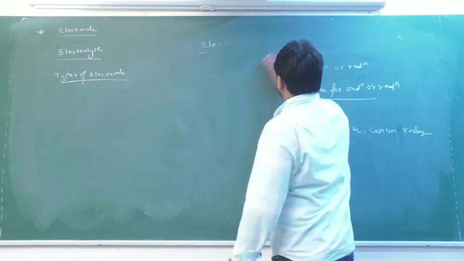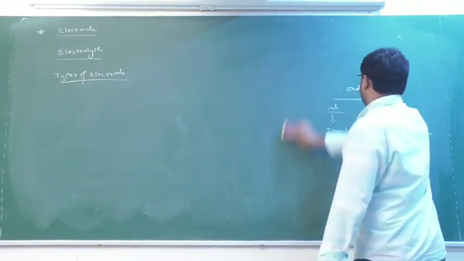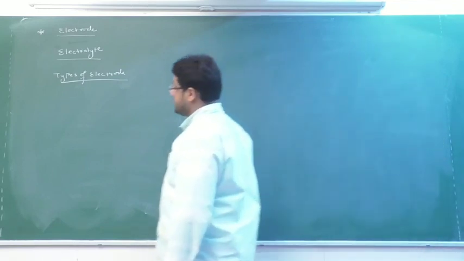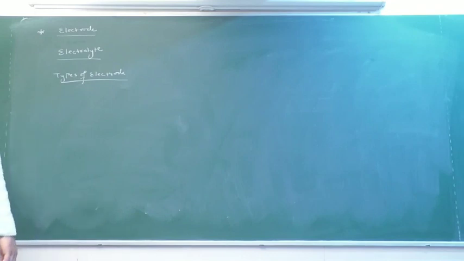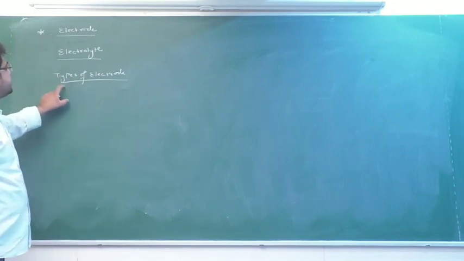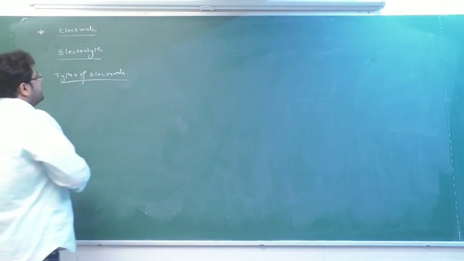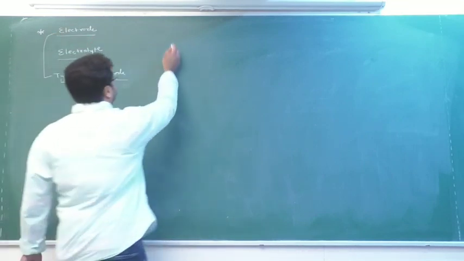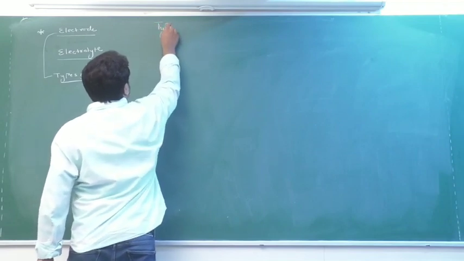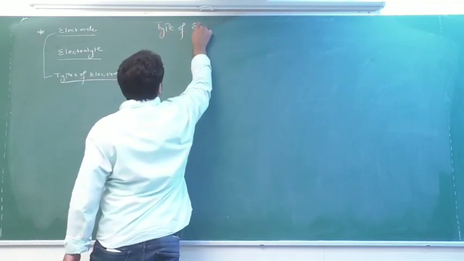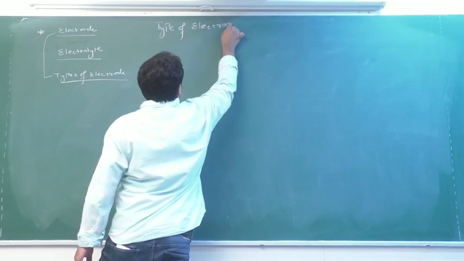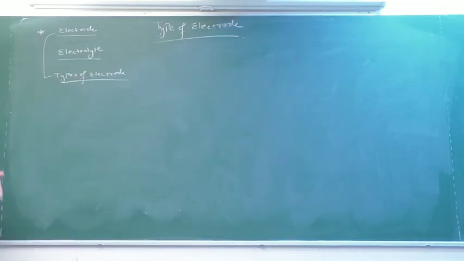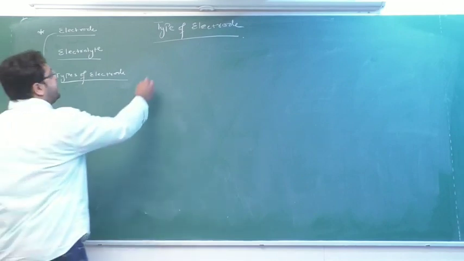Many a time the question comes in the exam, for 3 marks or 2 marks: define electrode and explain the types of electrode. These two questions are combined and come in the exam. So now we will see types of electrodes. There are 3 types of electrode.